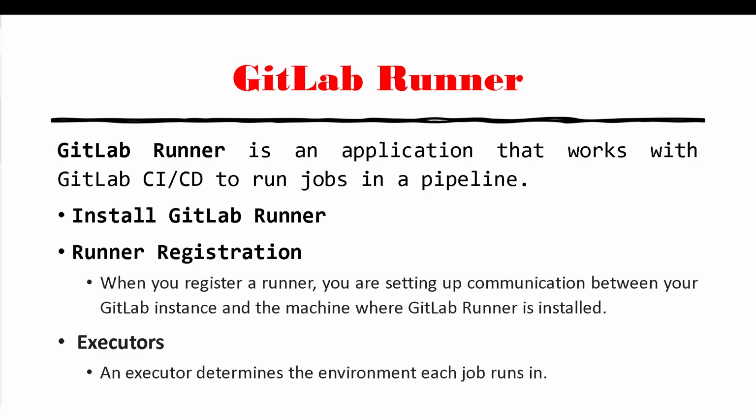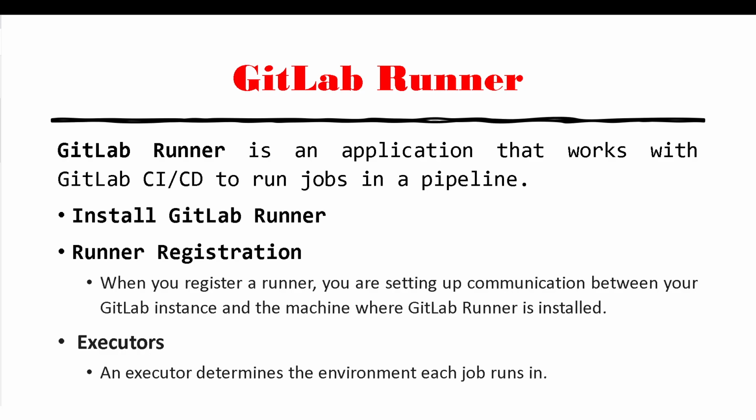So that's how you are going to register shell executor. Now, if you want to run your CI CD job in a Docker container, then what you do is you configure a Docker executor.